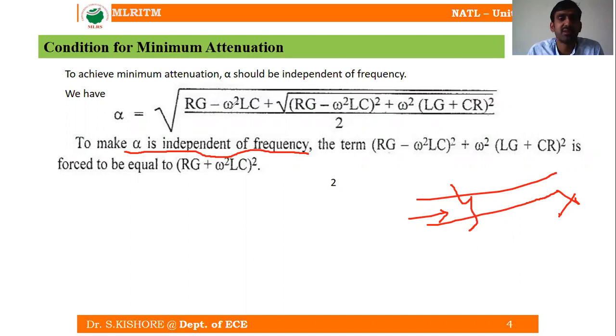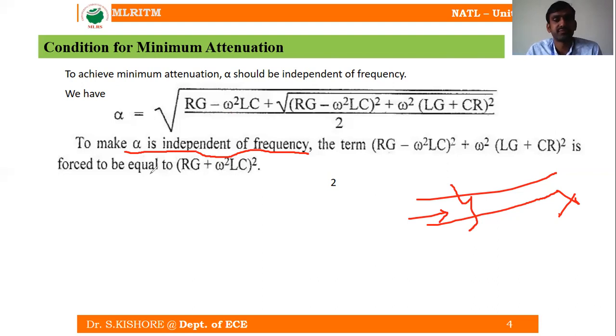What is the frequency term in this equation? Omega is the frequency term, because omega is the angular frequency, equal to 2 pi f.